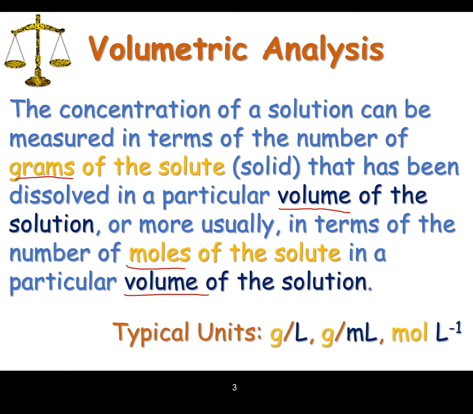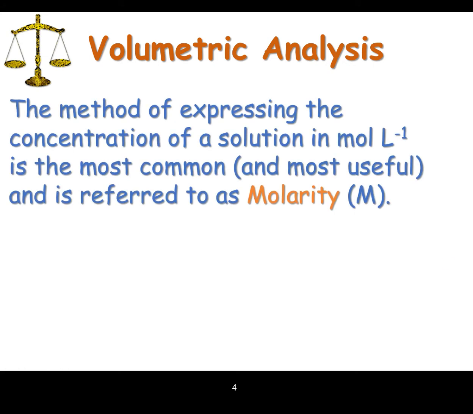Typical units are grams per liter or grams per milliliter, and also moles per liter. Our most common way of expressing concentration is known as molarity. It's probably the most useful because it relates to the actual counted number of particles, which is more valuable than grams, which is related to some mass standard.